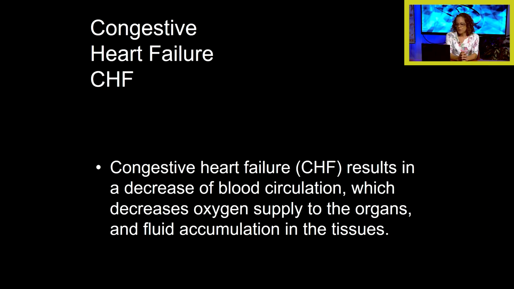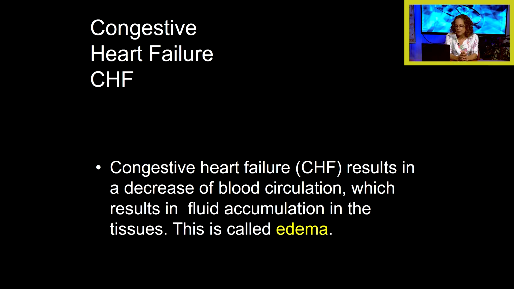So congestive heart failure results in a decrease of blood circulation, which decreases oxygen supply to the organs and causes fluid accumulation in the tissues. This fluid accumulation in the tissues is called edema.